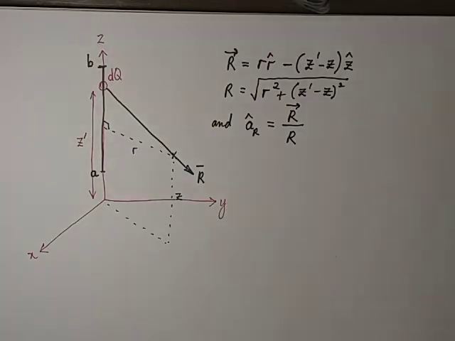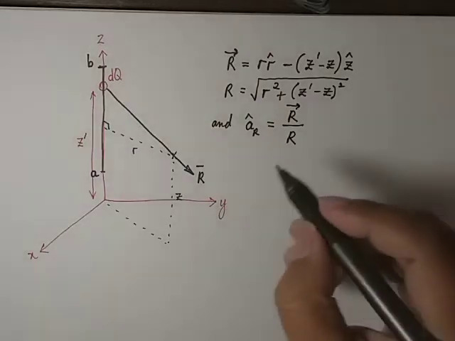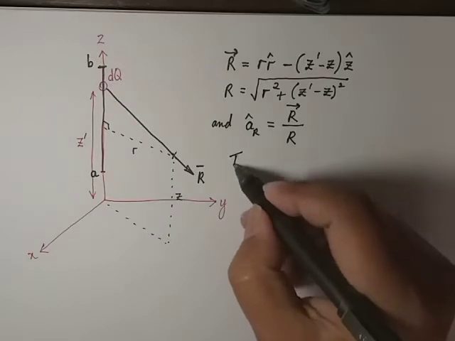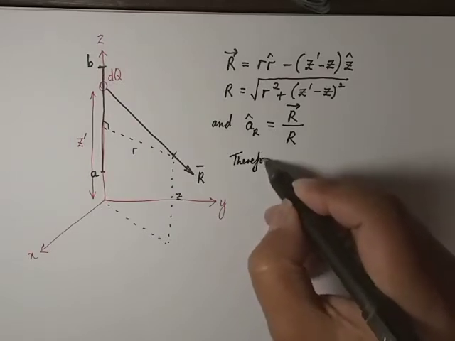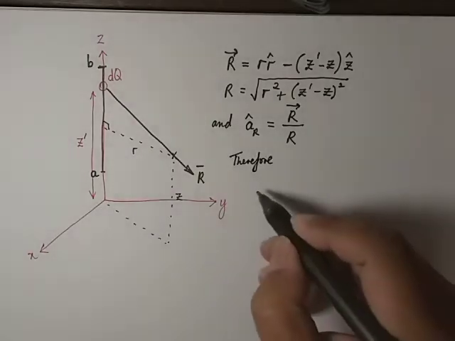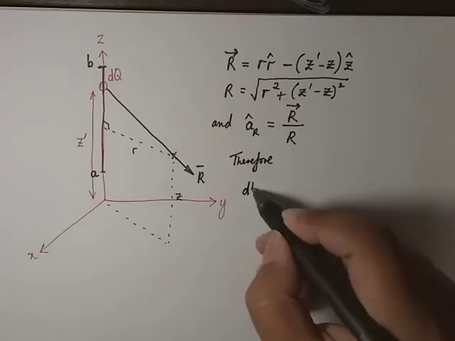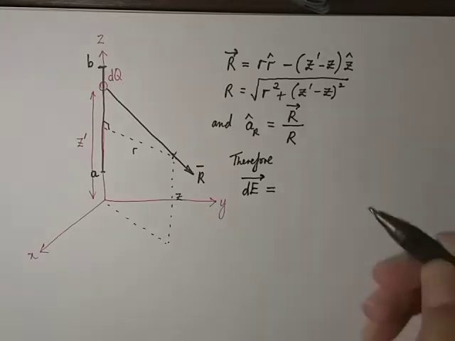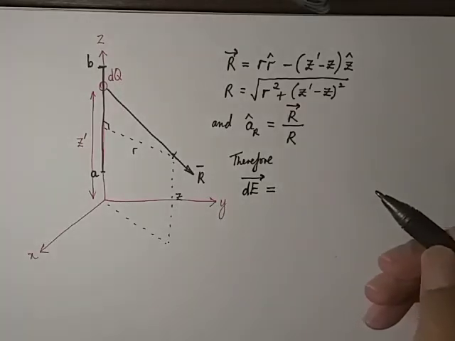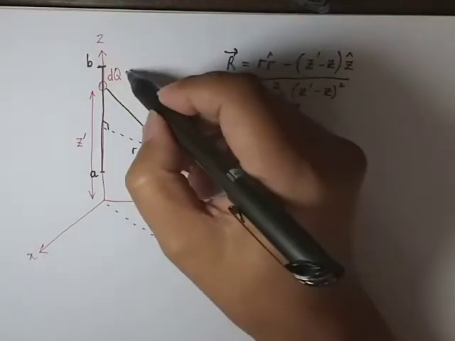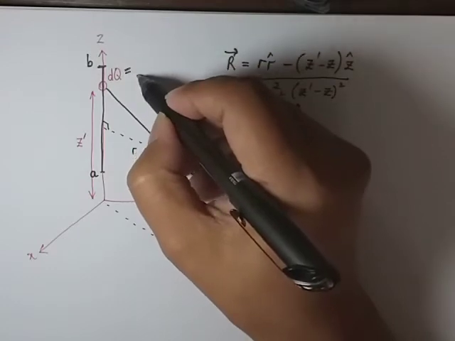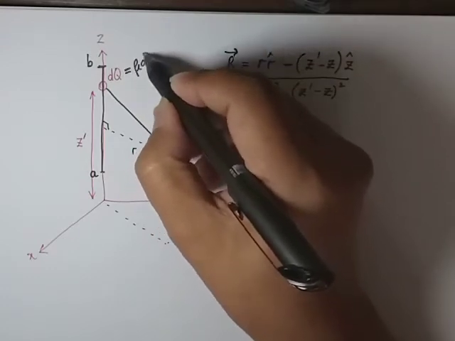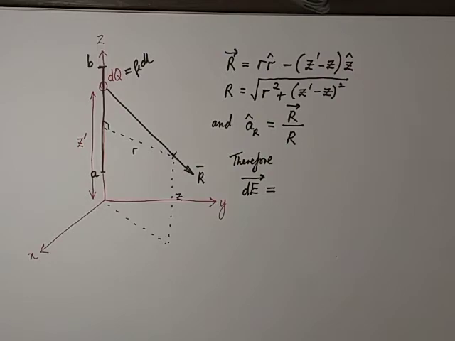So what we're going to do now, we're going to define, therefore, Coulomb's law. The vector dE must be equal to, I'm going to choose my dq now. The dq should be equal to rho L dl, because that is the model for line charge.